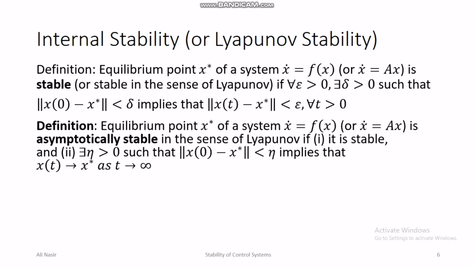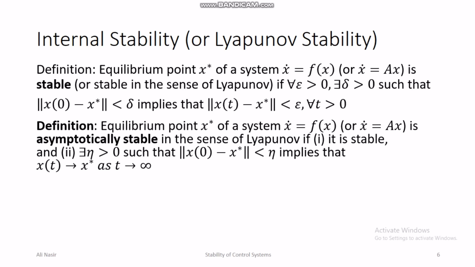An equilibrium point x star of a system, x dot equals f of x or x dot equals A x, is asymptotically stable in the sense of Lyapunov if, number one, it is stable, if it satisfies the conditions of stability, and number two, there is an additional condition: there exists some value eta such that if the initial condition is within eta distance from the equilibrium point, then your trajectory should converge to the equilibrium point as time approaches infinity.